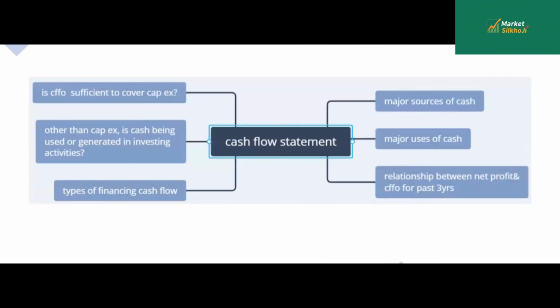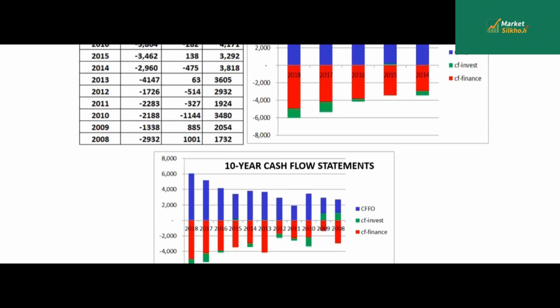Now, these are the most important questions I want to ask whenever I am looking at a cash flow statement. Question number one: what are the major sources of cash? In this example, you can see every year cash flow from operations is positive. Here you can see blue, that is operations, and it is positive. So the major source of cash for this business is cash flow from operating activities.